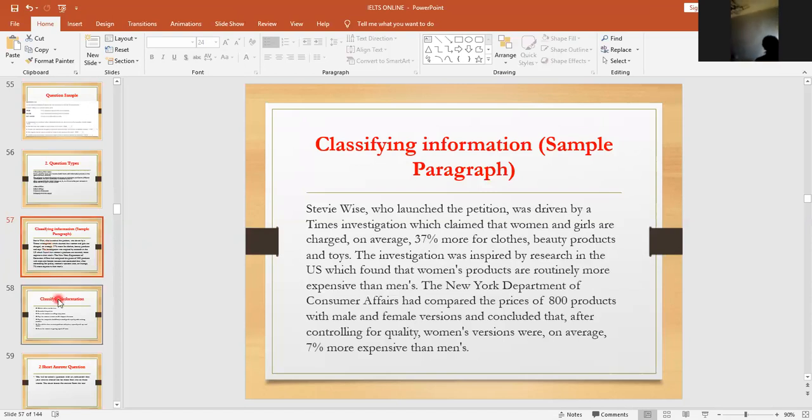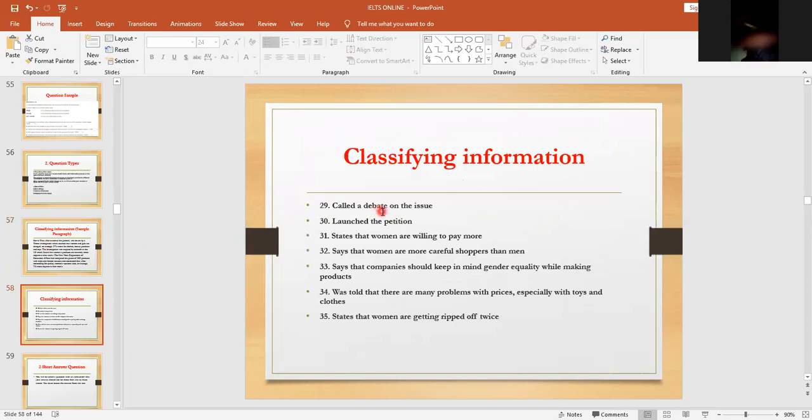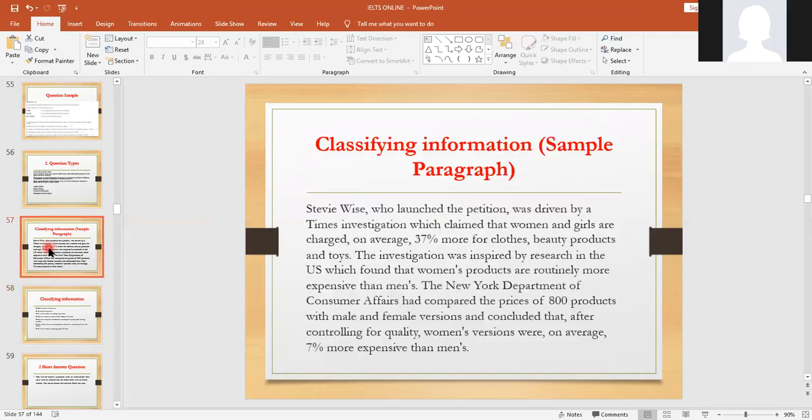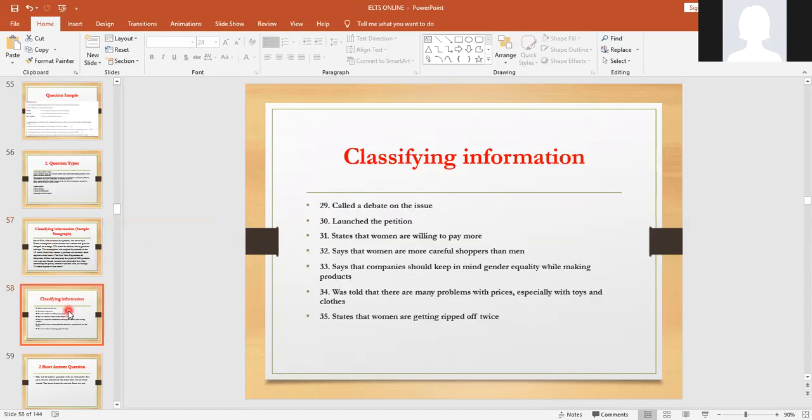Now if we move to question 29, this is classifying information. Call a debate on the issue. There was no part of that passage that said someone called a debate, so that question is not answered here. Possibly in the subsequent paragraph it will be answered. Launched a petition. Petition was mentioned. That's why I said key action.